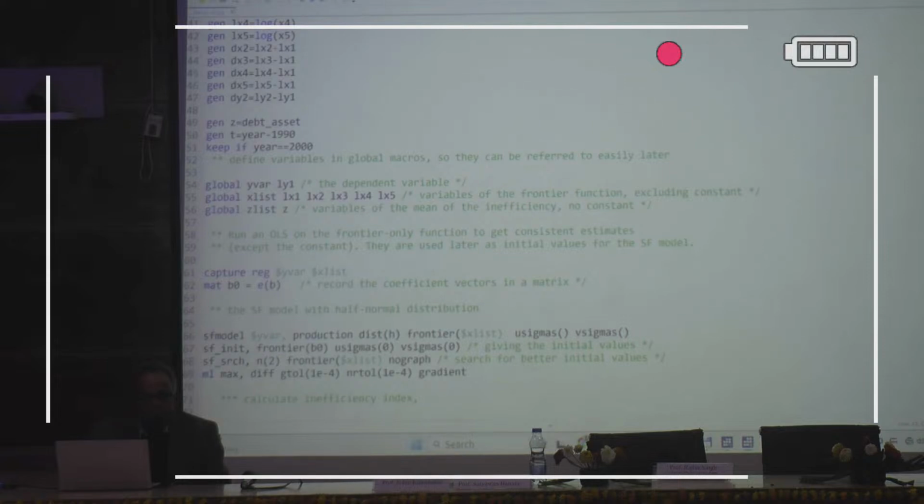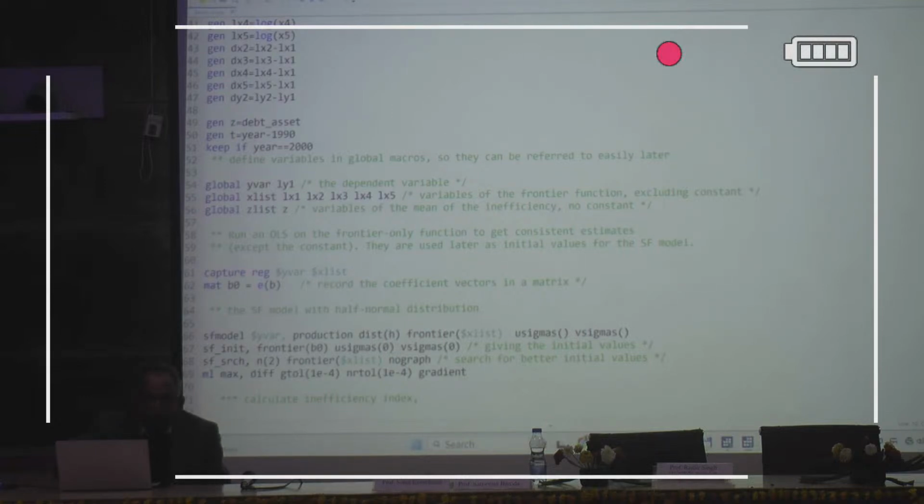But global X list, you have LX1 all the way to LX5, and then Z list, I have only one, but you can have more than that. This global command will create this list variable, and you can change the name. Remember, X list, Z list, and if you think in terms of running several models with different X variables, you can just say X list 1, X list 2, and that type of thing.